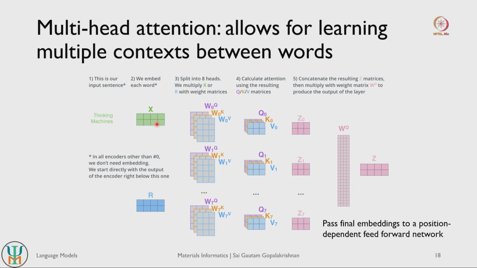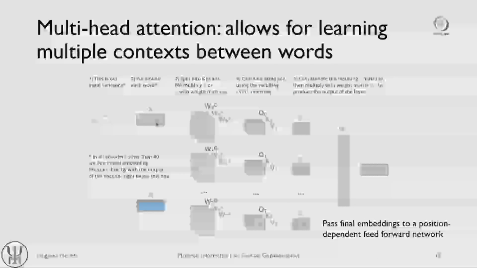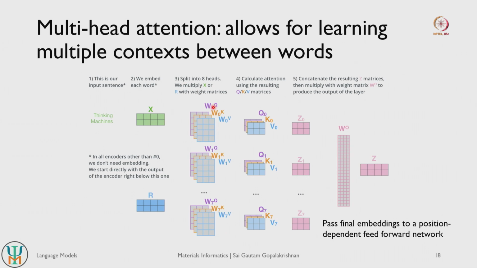So this kind of multiple association or multiple relationships between words can be obtained if you use what is referred to as multi-head attention. What you basically do is you pass in the same set of inputs, your words, but then you create multiple copies of your query, key and value matrices in the hope that you get multiple different associations with the same set of words that you actually see.